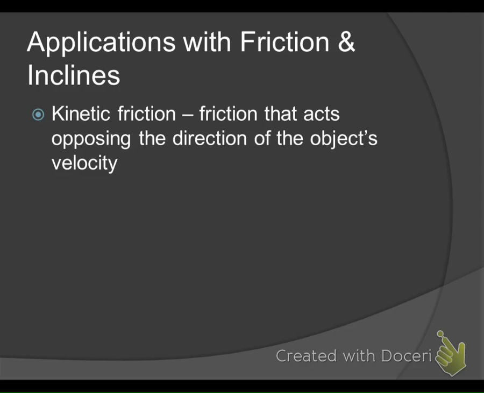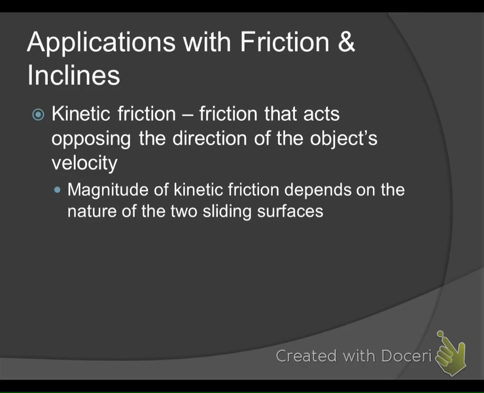Anyone have any idea of the word kinetic or what it might mean? It means in motion, okay? It means motion. That's what kinetics means, motion. So we're going to look at the magnitude of kinetic friction, or the friction that something has when it's in motion.